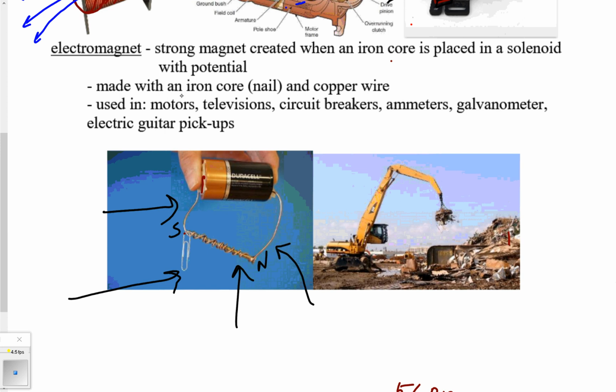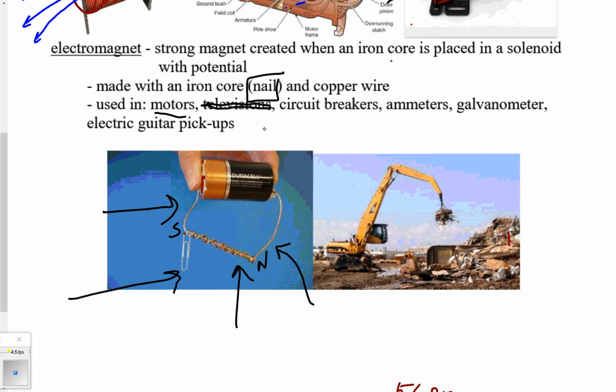I've got some things up here made with an iron core, in this case like a nail, and copper wire. They're used in so many things. They're used in motors. And I'm marking off the word television, because there's not been a television made within the last 10 years that uses an electromagnet.